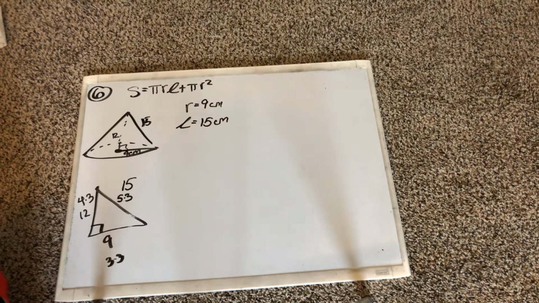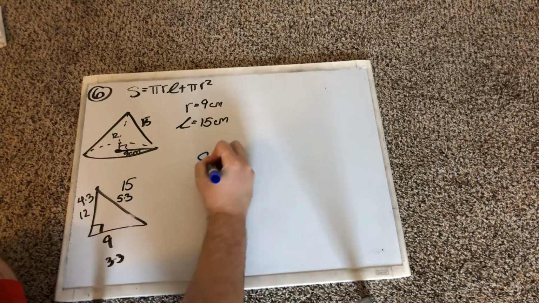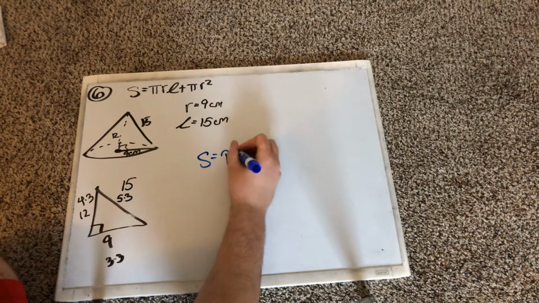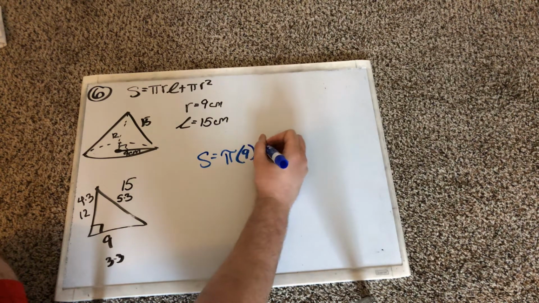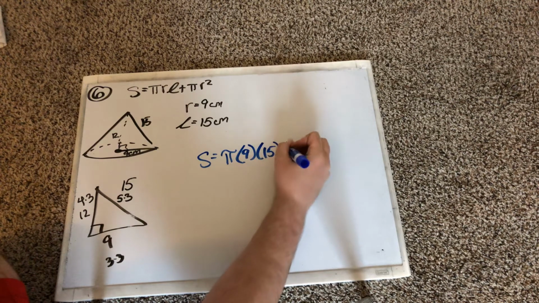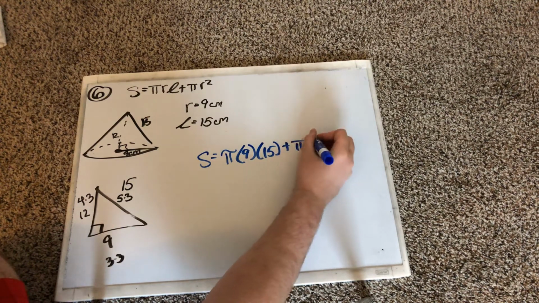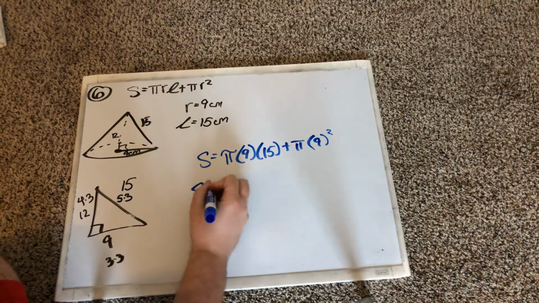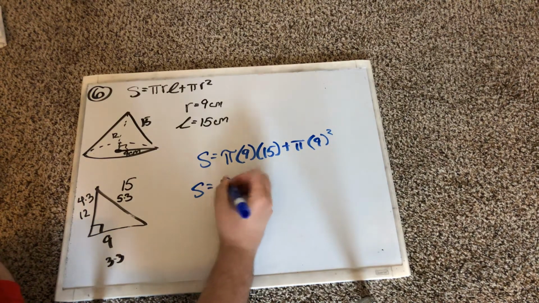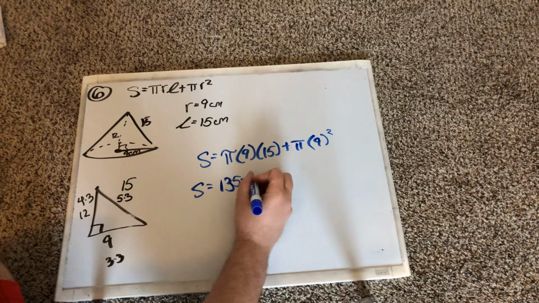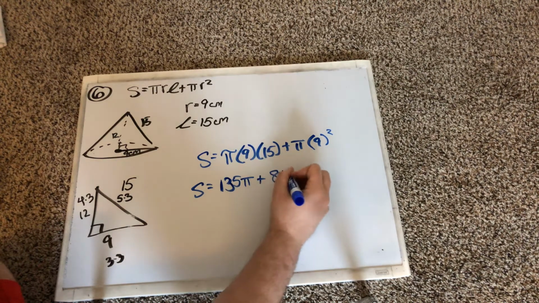So when I plug this in to my surface area formula, I get pi times r, which is 9, times the slant height 15, plus pi, and then the radius 9 squared. 9 times 15 is 135, so 135 pi plus 81 pi.